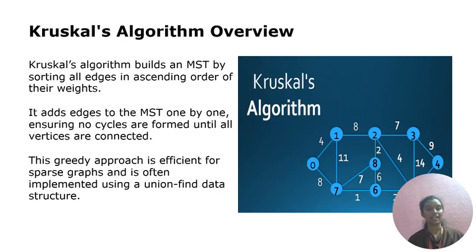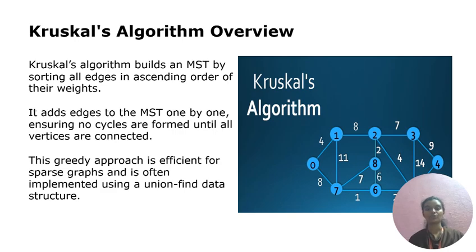The Kruskal's algorithm overview. Kruskal's algorithm builds a minimal spanning tree by sorting all edges in ascending order of their weights. It adds edges to the minimal spanning tree one by one, ensuring no cycles are formed until all the vertices are connected. This greedy approach is efficient for sparse graphs and is often implemented using a union-find data structure.